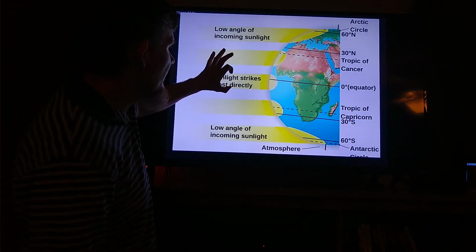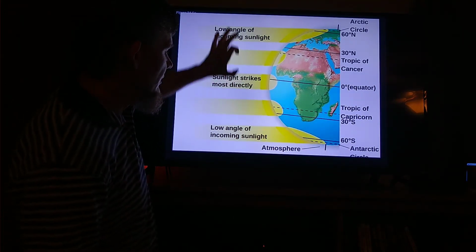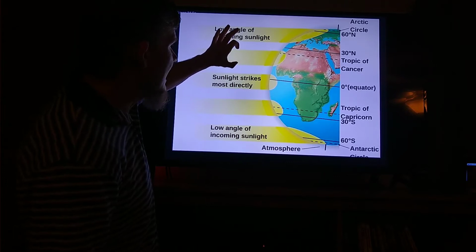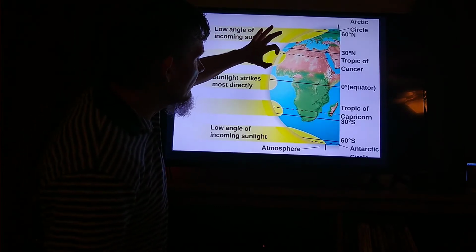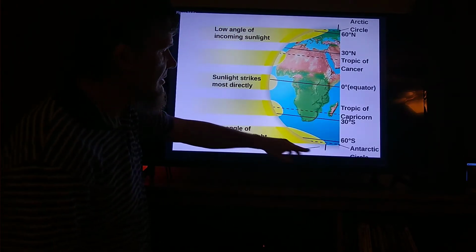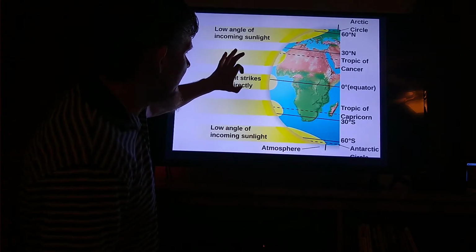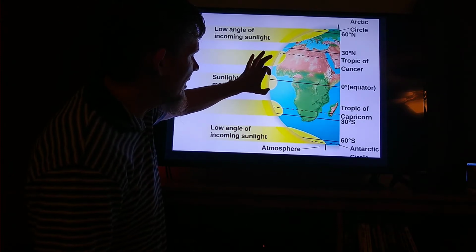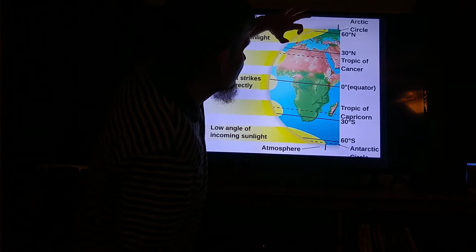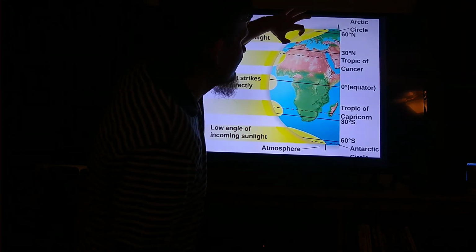The further we move away from the equator, either going north or going south, we see that that same amount of light is now spread over a larger area. And when you get to the polar extremes, either the South Pole or the North Pole, that same amount of light that strikes this much area at the equator is now being spread over twice as much area.